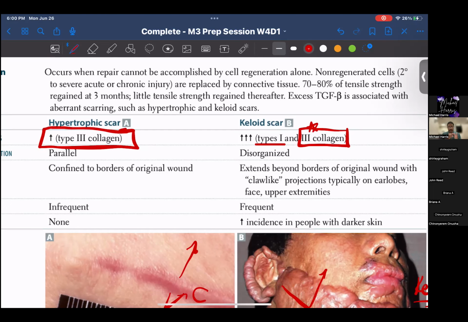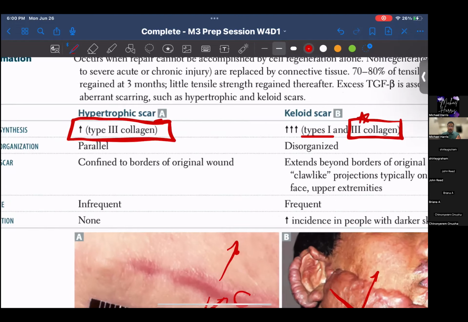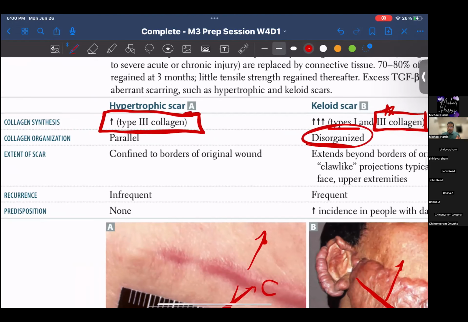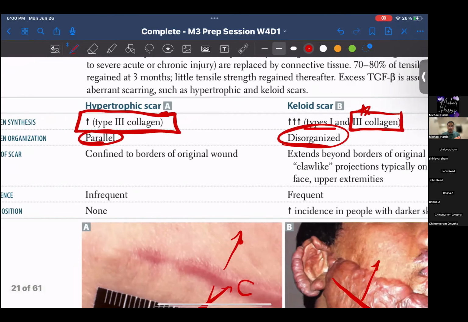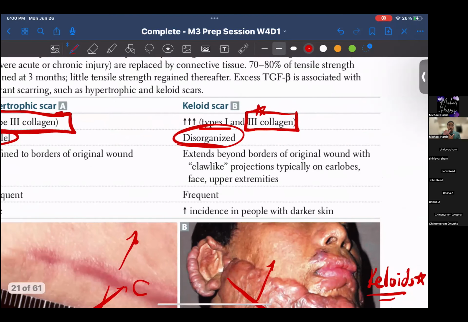So you have type 1 and type 3, which is why in keloid the organization is disorganized, versus in hypertrophic, it's parallel. Everything is normal and good. You just laid down too much of it. Versus in keloid, you laid down too much of it, plus you weren't able to break down the excess that you made.